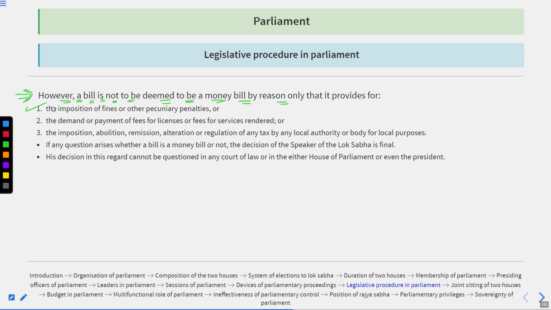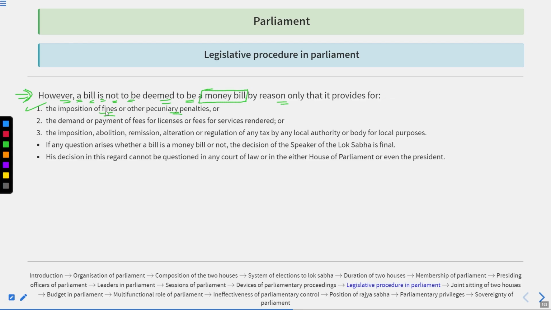Like the first thing that we had seen under Article 110 was that imposition, abolition, remission or alteration of any tax would be a condition of a money bill. But imposition of fines or other pecuniary penalties would not be considered a money bill. Why? Because these are part of non-tax revenue, and non-tax revenue is not considered a particular income for the government in general.